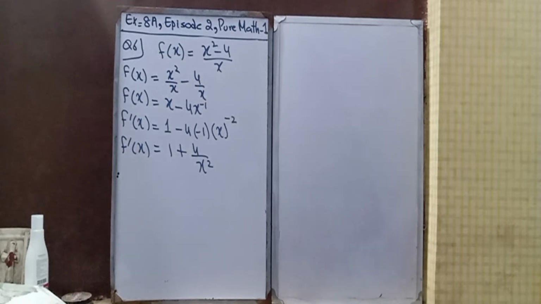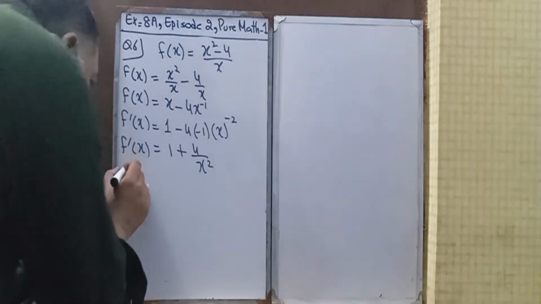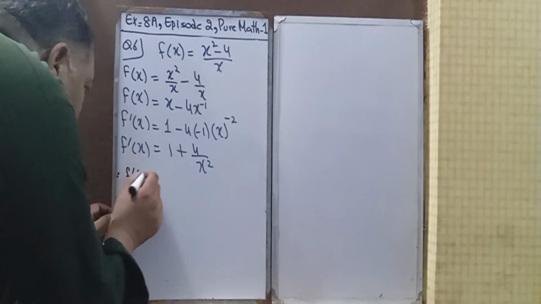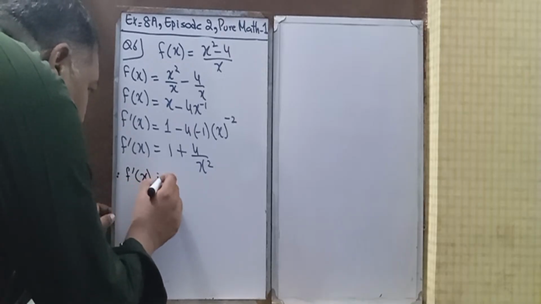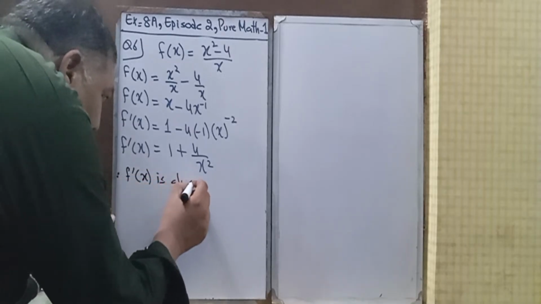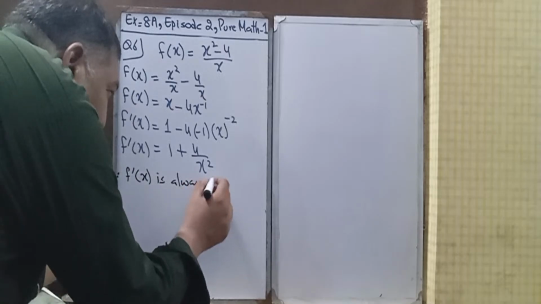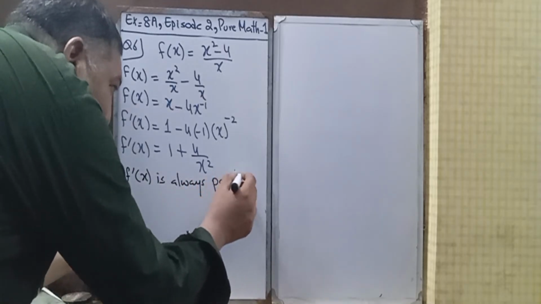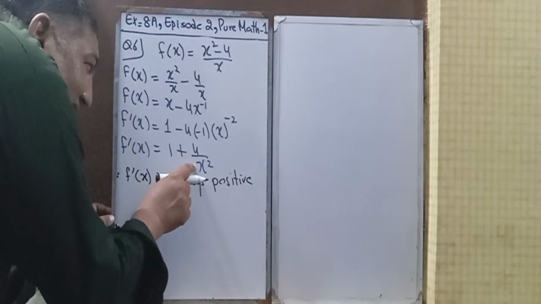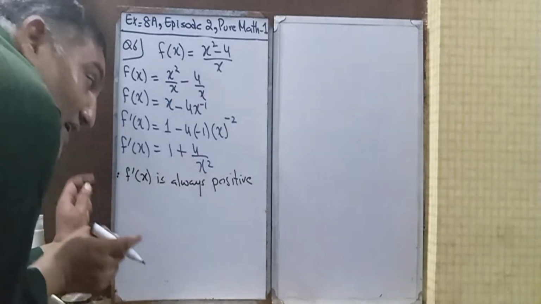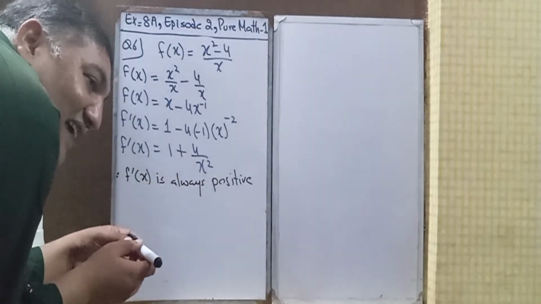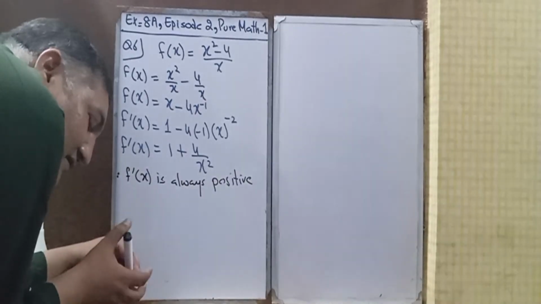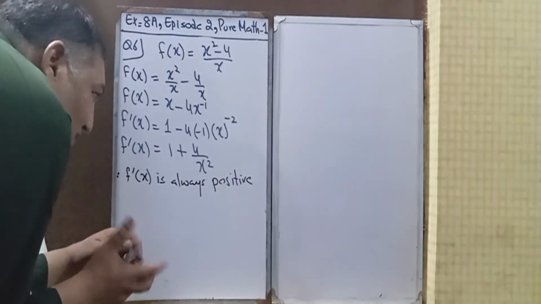So I can say that the derivative of this function is always positive. Why am I saying so? Because of this x square, even if you take the x value as negative, the answer will be positive.